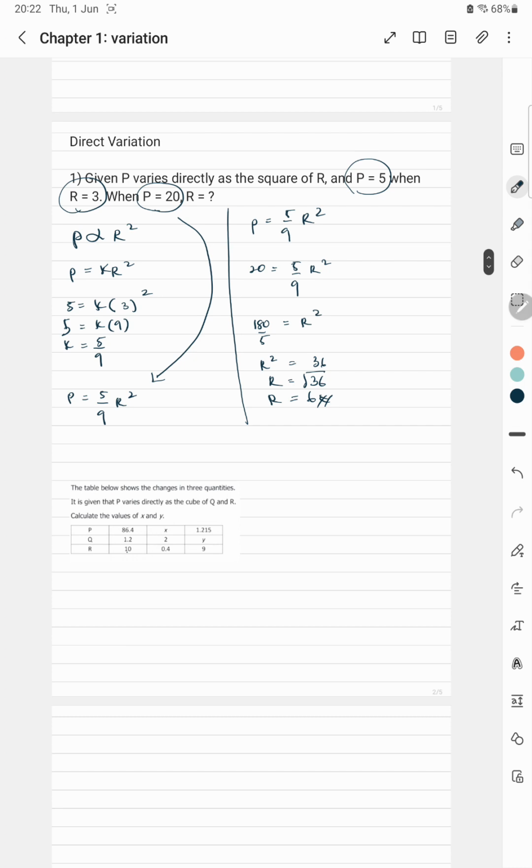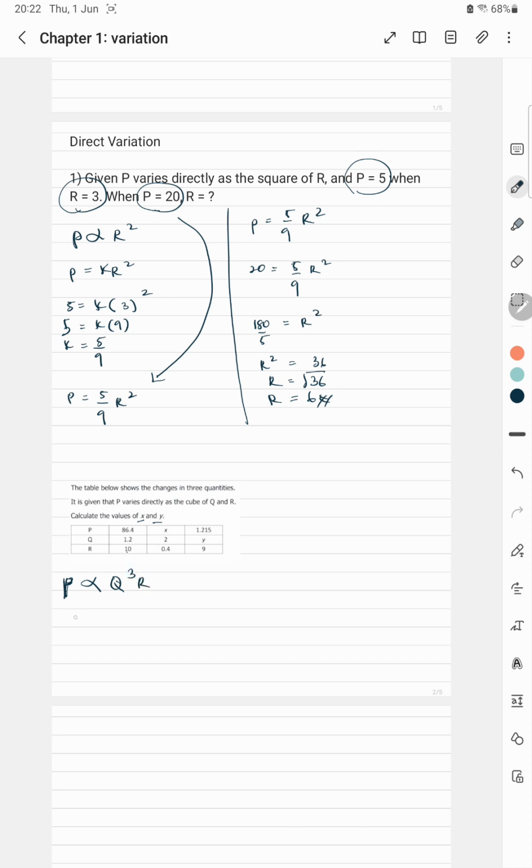So let's move on to the next question. The table below shows the changes in three quantities. It is given that p varies directly as the cube of q and r. Calculate the value of x and y. So p varies directly as the cube of q and r.